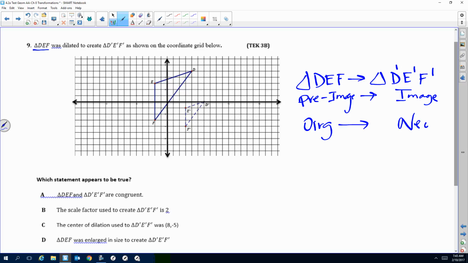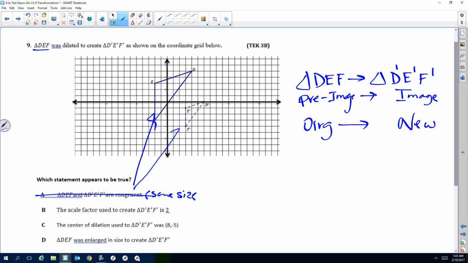Now, we cannot have people picking, read, it says this triangle DEF and triangle D prime, E prime, F prime, excuse me, are congruent. That means they're the same size if they're congruent. And you can physically see that that is not true. So we're not picking that.